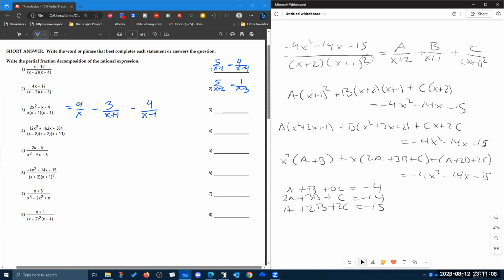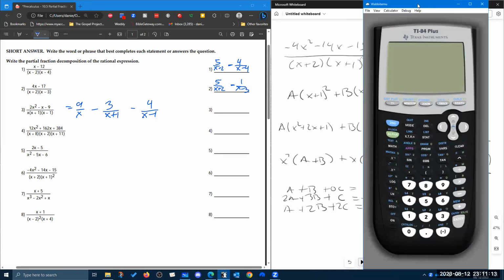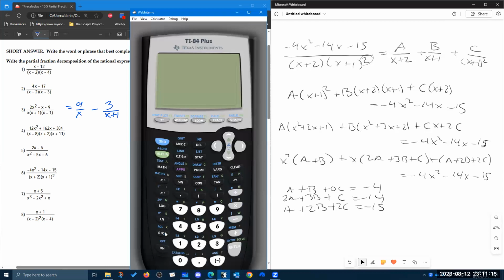So if we go ahead now and use our calculator, so 3 by 4 again, 1, 1, 0, negative 4, 2, 3, 1, negative 14, 1, 2, 2, negative 15.